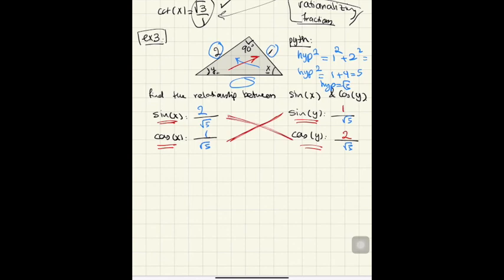And this applies for all of such x and y angles in all of the right angle triangles. That applies all the time.